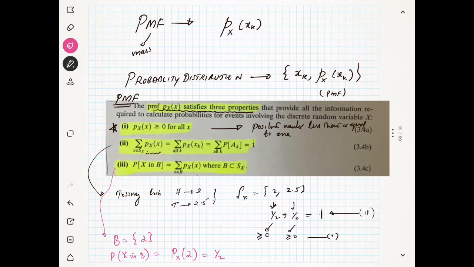B is a subset of the sample space, and our sample space was 2 and 2.5. If you take only one element, you take its probability, and if you take two elements, then you have to sum up. Here the sample space has a total of 2 elements, so we can take one element or 2 elements if it is a subset. That's the main point that I want to tell you.